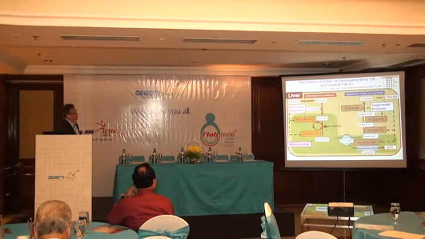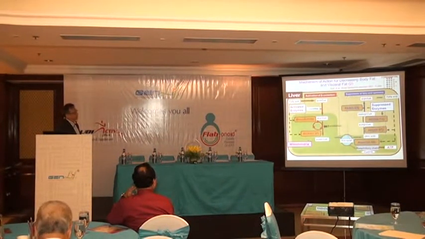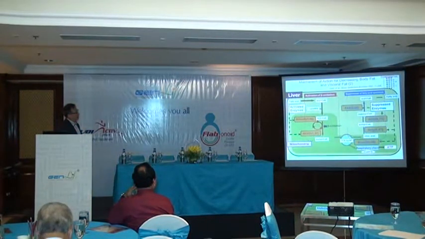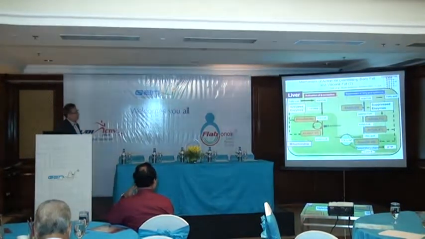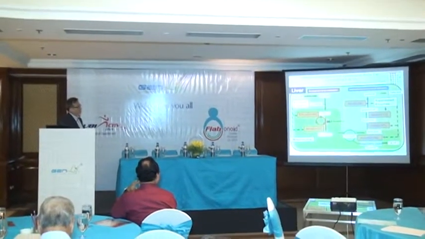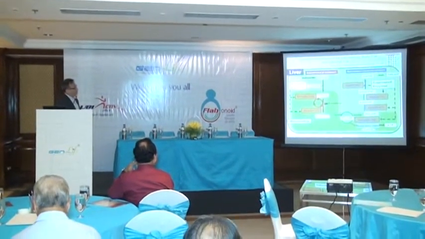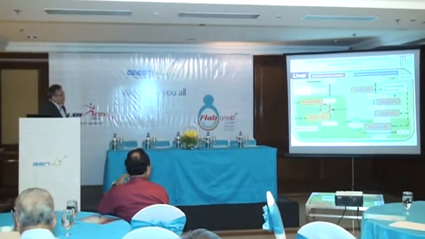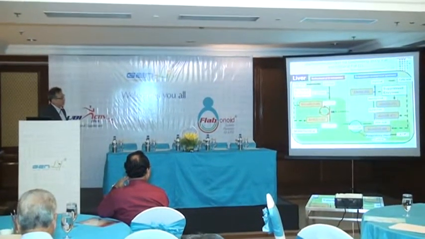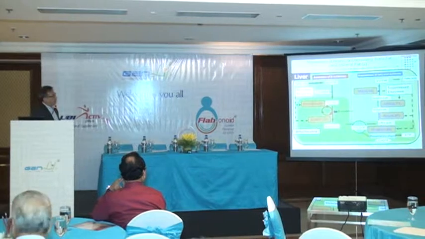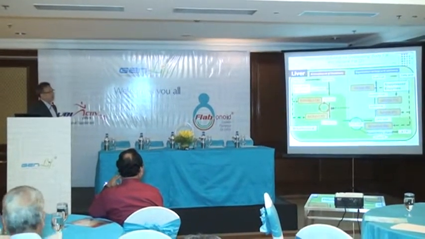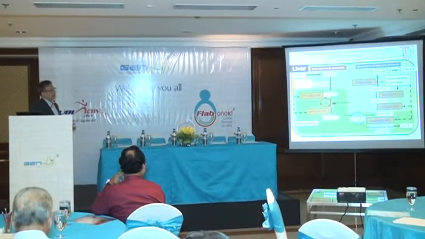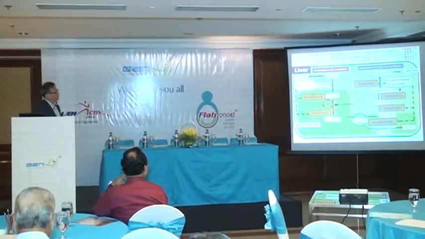Fatty acid from diet becomes acetyl-CoA in the liver cell and combines with L-carnitine to get into mitochondria. Beta oxidation is a cycle, a series of reactions with acetyl-CoA as the end product. Each cycle produces energy for ATP production.